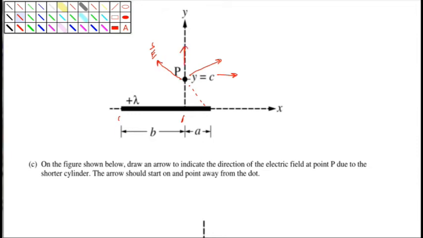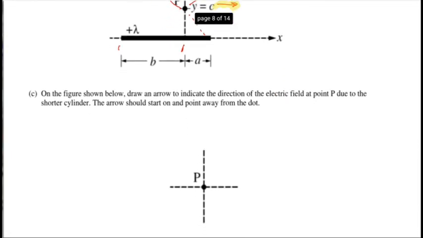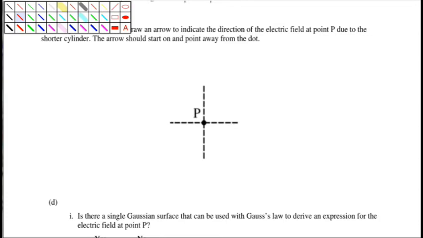So we have something like this, but now we have this component and this upward component. So what we get is a net field that points up and to the right. So we will draw something like this in there.